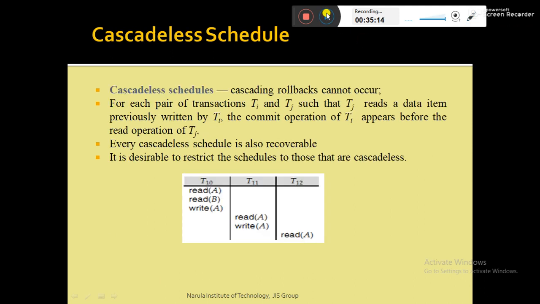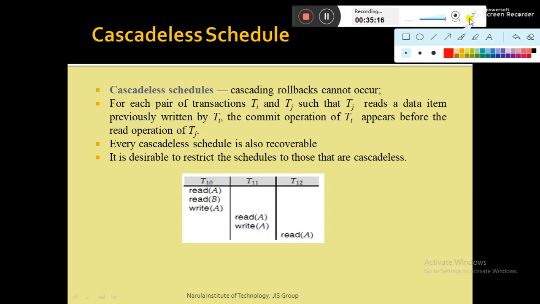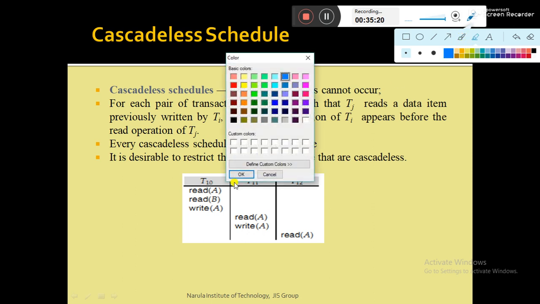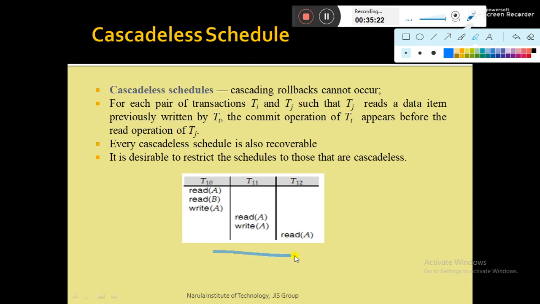Next topic is cascadeless schedule. So again, take an example. Suppose we consider the schedule. Here, transaction T11 performs a read operation on A which was previously written by T10. That means T11 is dependent on T10.